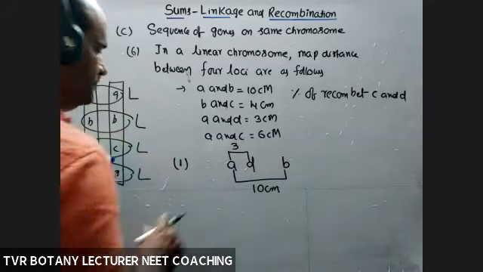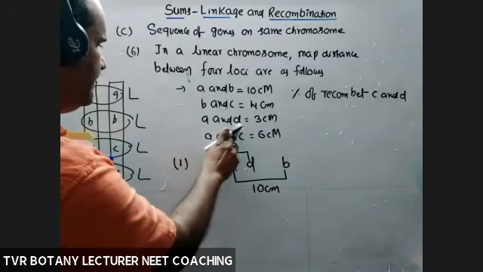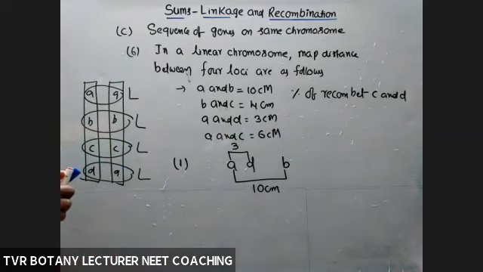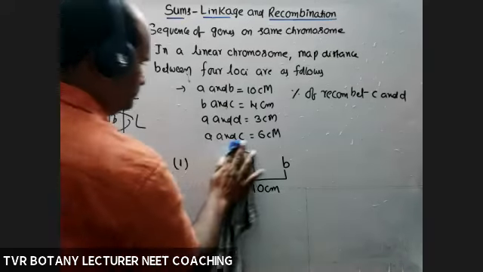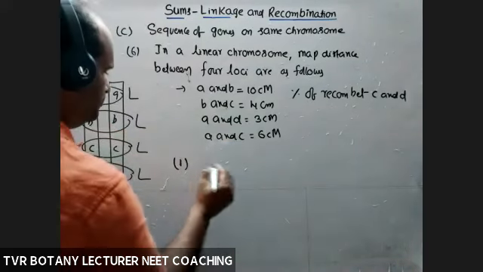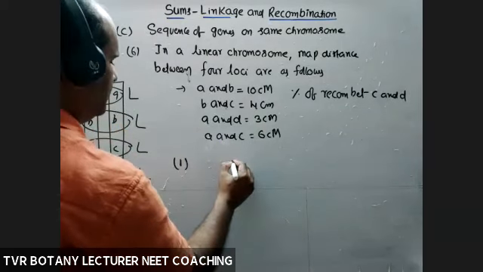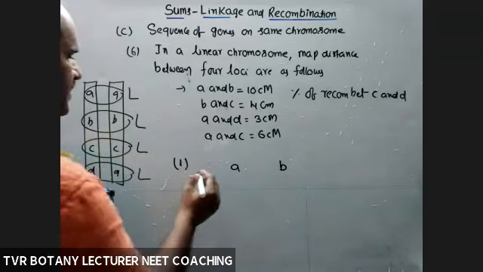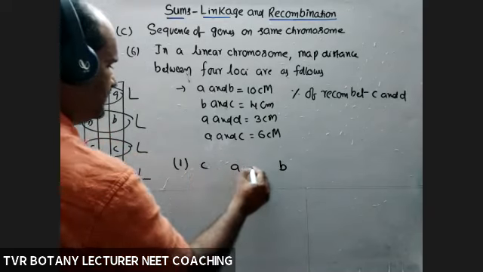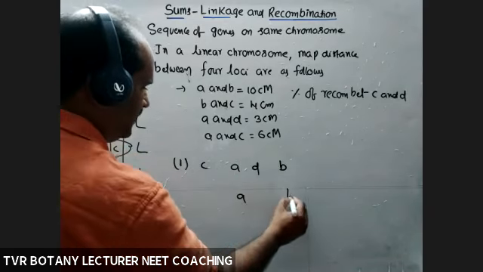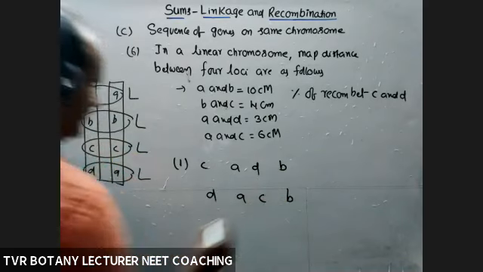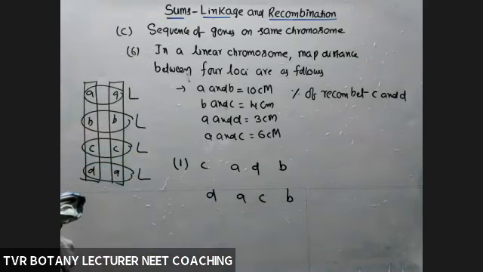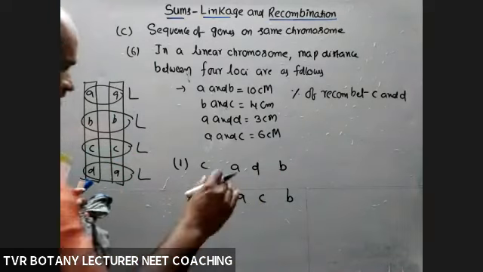Next, B and C. Highest one, take first. A, B completed. C and D. Next, A, B, D and C. Okay, like this, is it possible? We'll check it one by one.